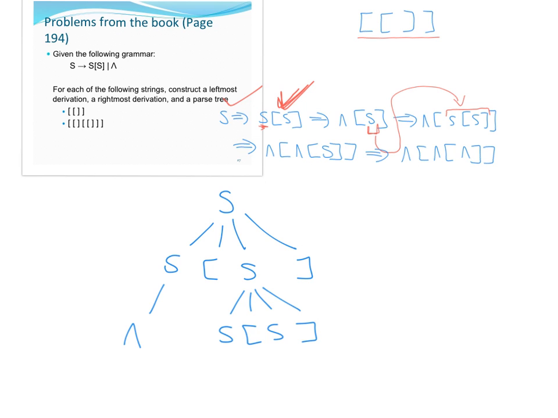Again, we are going to expand the leftmost non-terminal. We're here. We expanded this one. We're expanding this one. So that goes to lambda. And then we do the next one, and that goes to lambda. So there you go. That is the leftmost derivation and the parse tree for that.